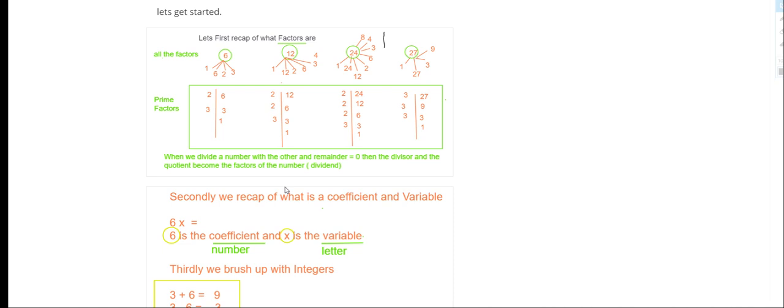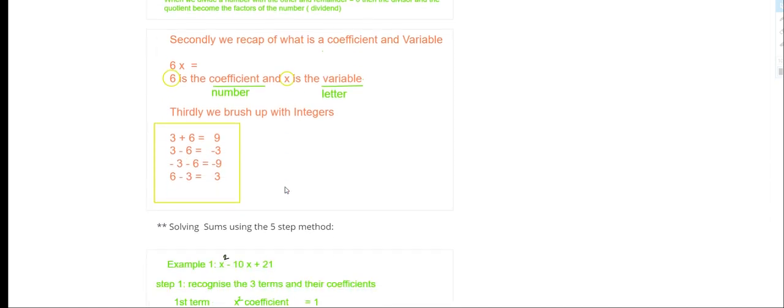Secondly, we need to know what a coefficient and a variable are. The coefficient is nothing but the number and the variable is nothing but the letter. The coefficient is the number along with the sign, so here it's plus 6, and the letter x is the variable. The last thing that we need to brush up is the topic on integers.